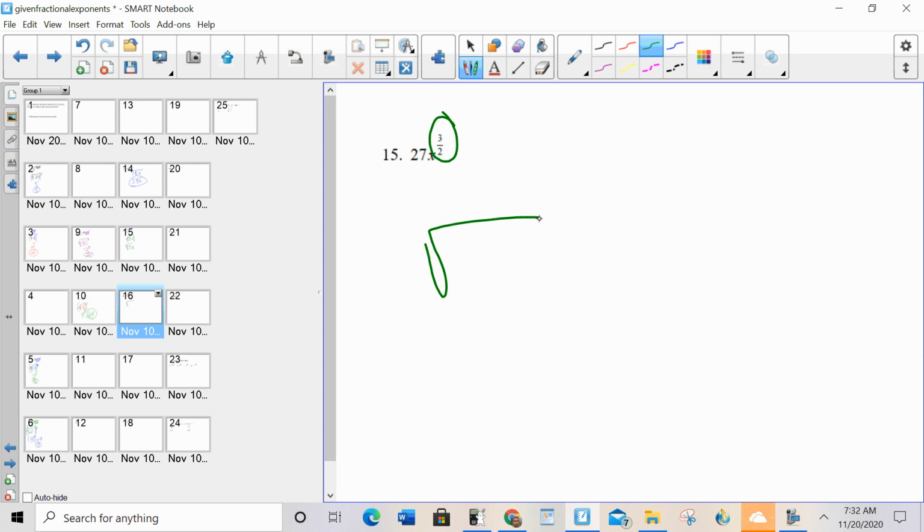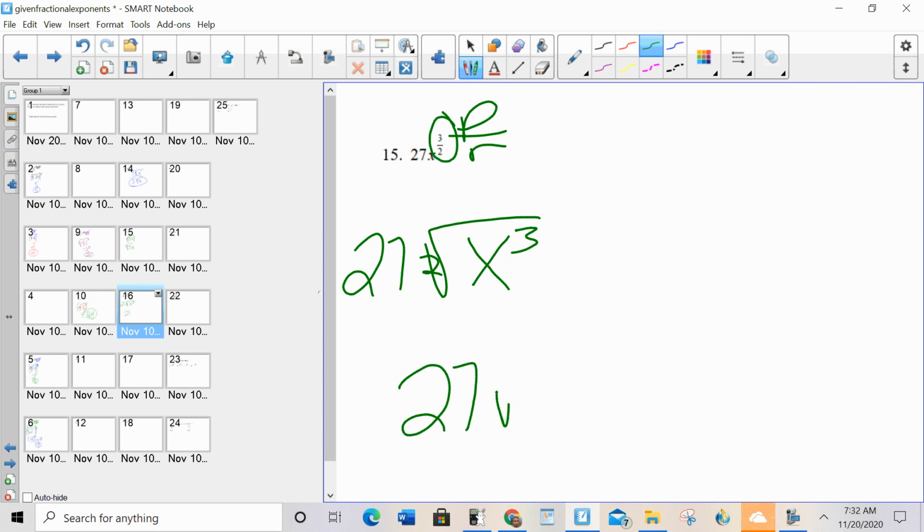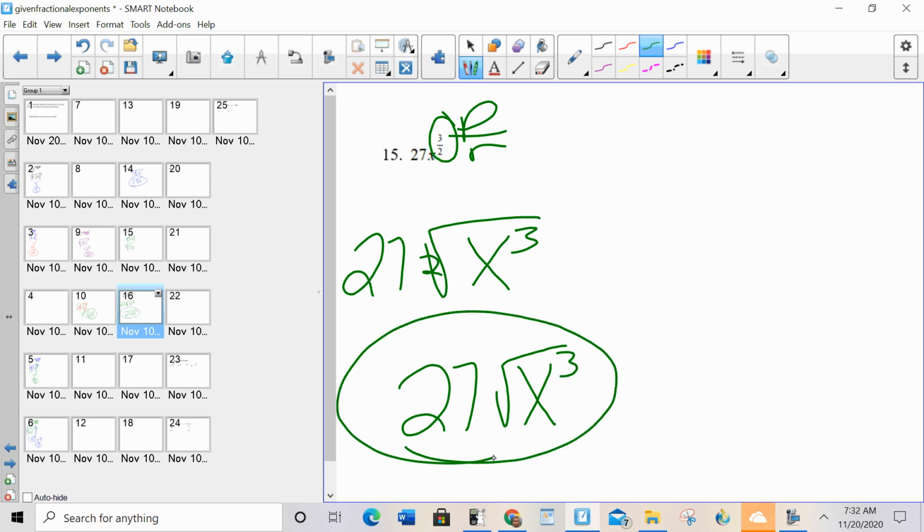Whatever is being raised to the power is what goes inside the radical. The fractional exponent is always the power over the root. So the power is 3 and the root is 2. Again, only that x is being raised to the power since there's no parentheses around the 27. So the 27 stays up front. So your answer, I don't have to write that 2 outside as the root because a regular square root has an index or a root of 2. That would be your answer.